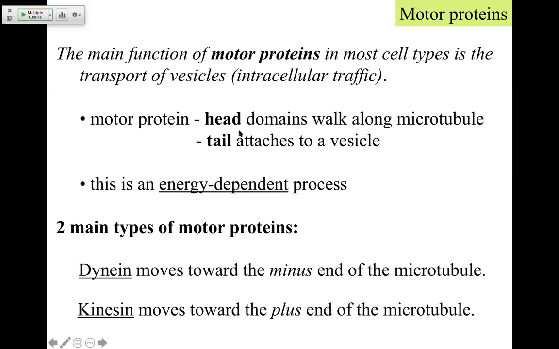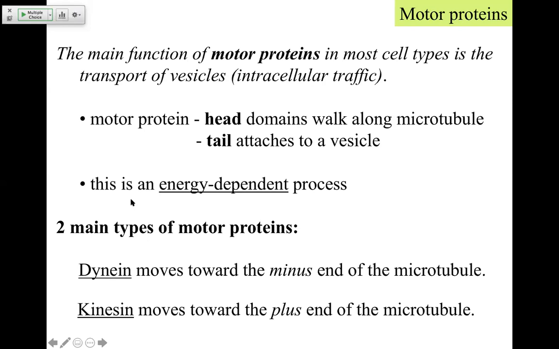And there is a tail domain that will attach to transmembrane proteins in the membrane of a vesicle that is carrying material throughout the cell. And so the movement of these vesicles or organelles, pieces of Golgi, pieces of endoplasmic reticulum, parts of a cell that have to move around, let's say as a cell is undergoing cell division, to distribute it throughout the cell.